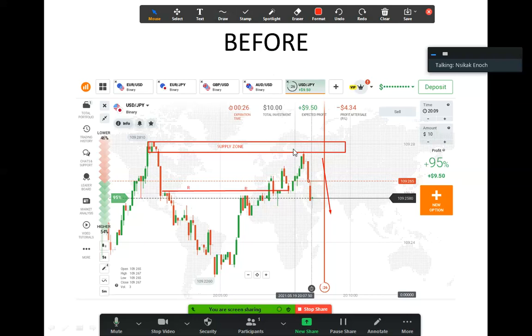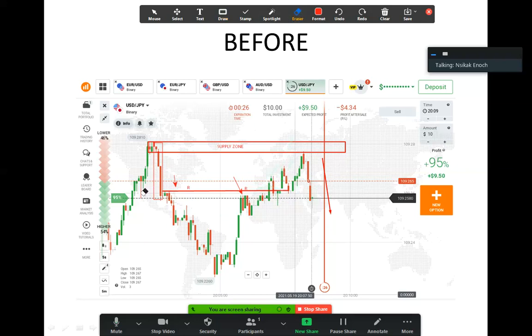This was the analysis I did on USDJPY. This is the supply zone. This is the resistance I'm talking about. The price broke the resistance and then headed toward the supply. This is the supply because we see a drop after this base. That is where the sellers entered the market.